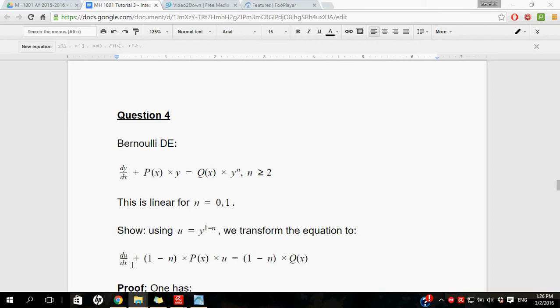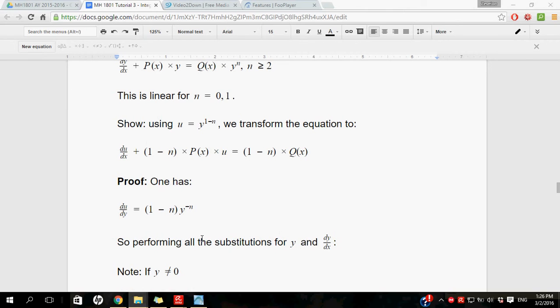This is a first order differential equation in terms of u and x. So we need to get rid of the y. How can we do this? Well, first we should simply differentiate u with respect to y. u is something that we treat as a function in terms of y.